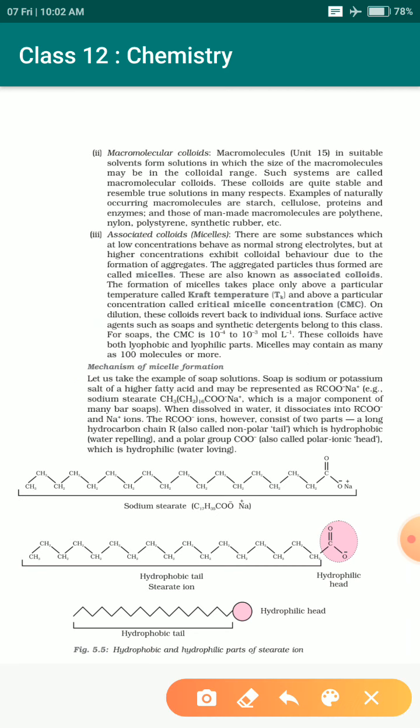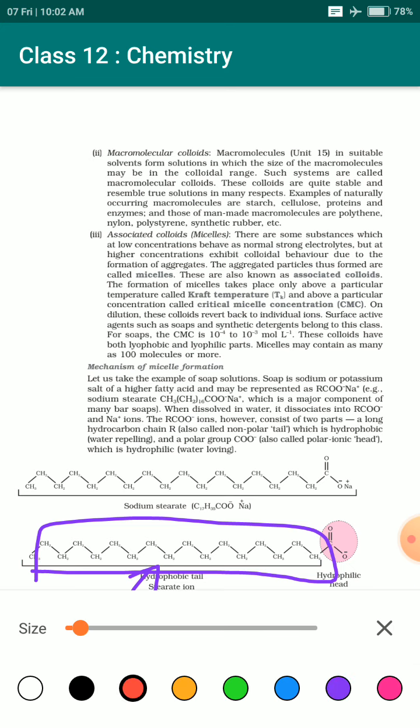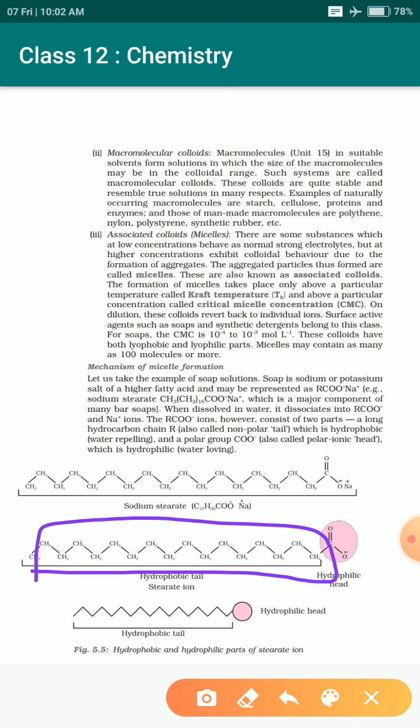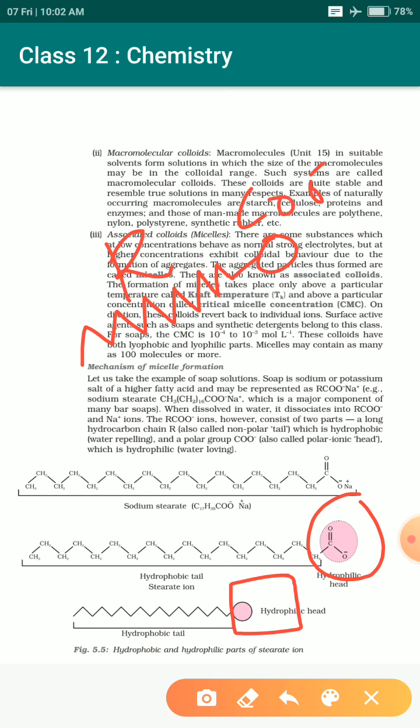Okay, so the long chain that we have, this is the R part, or we can say the hydrophobic part, which does not get attracted towards water, and we have this small hydrophilic part, the COO minus part, which gets attracted towards the water. It is shown in a zigzag manner to understand that this is the R group and this is the COO minus group.